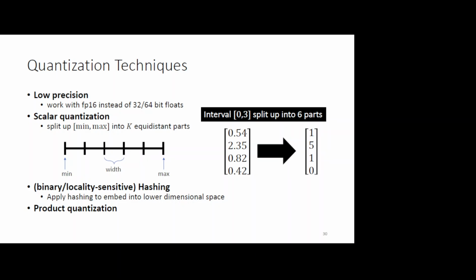This means I just divide each floating point value by 0.5, and then I can update the vector accordingly. Any problems? Okay, so it's called scalar quantization. It's also very easy. You just quantize each value to an interval.